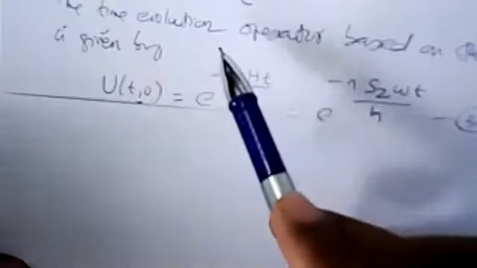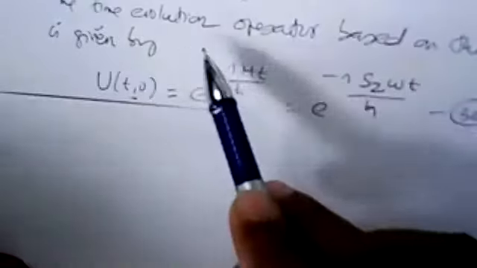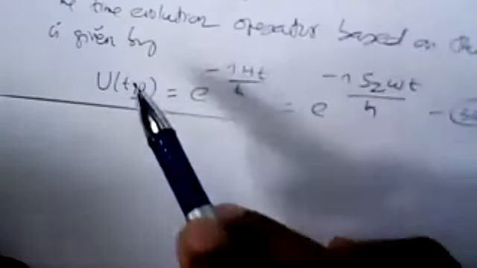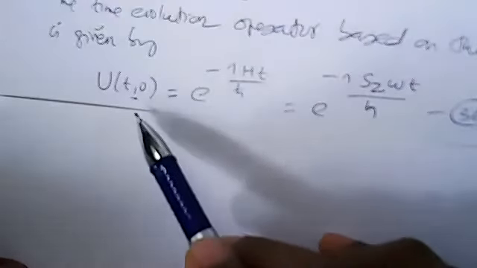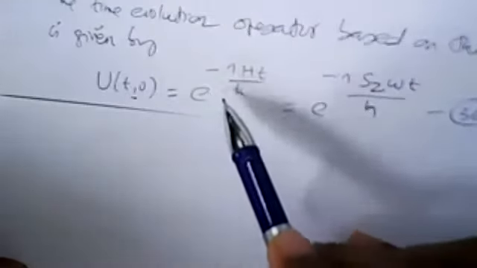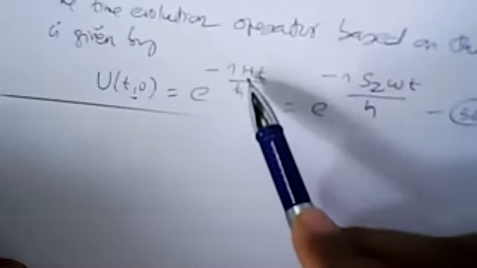So consider the time evolution operator. This can take the system from an initial state to any final state. So the time evolution operator based on this Hamiltonian is given by U(t, 0) equal to e to the power of minus i by h cross Ht.